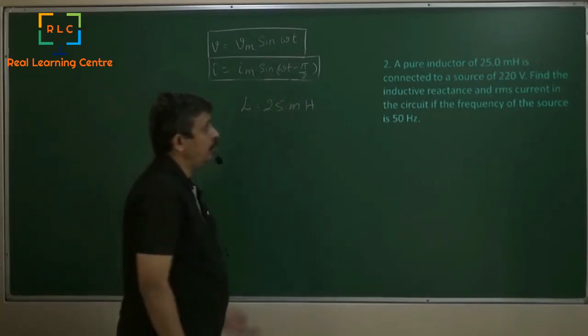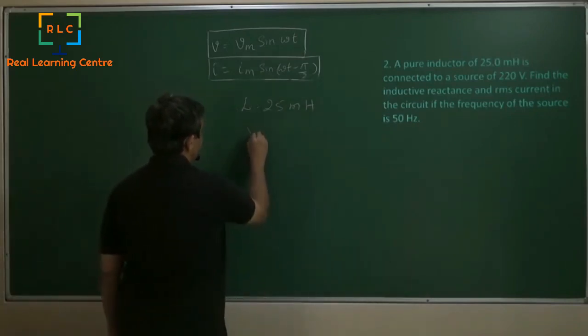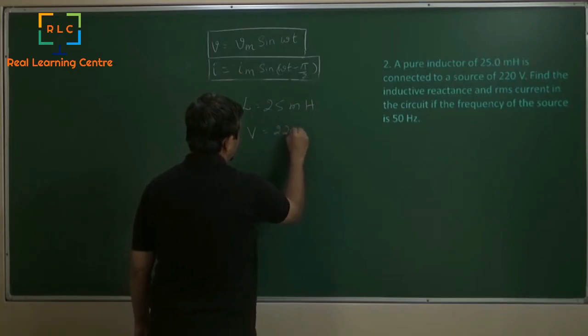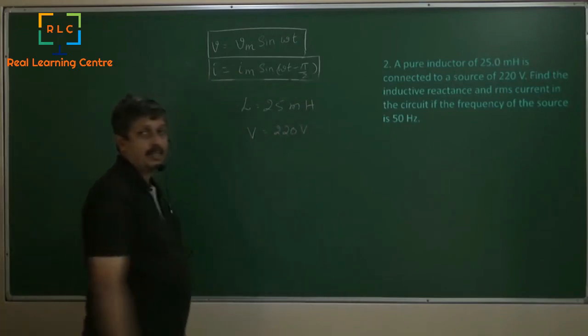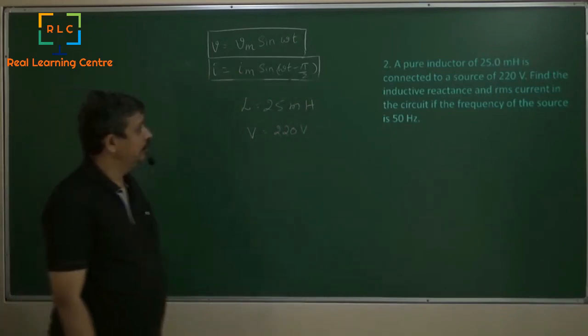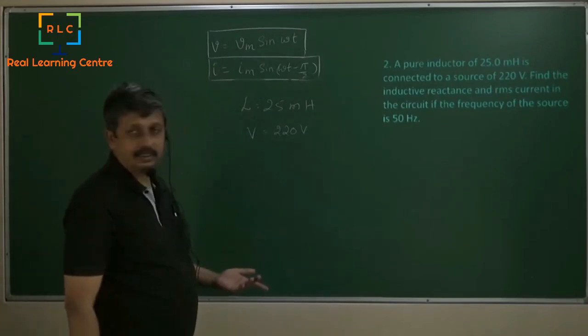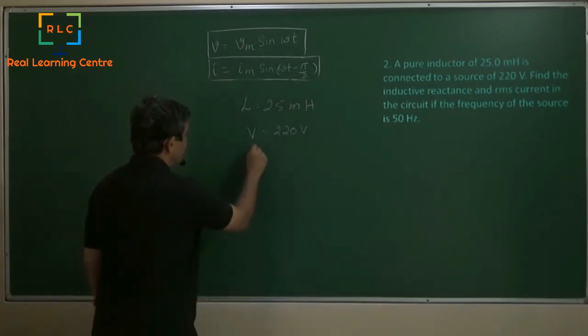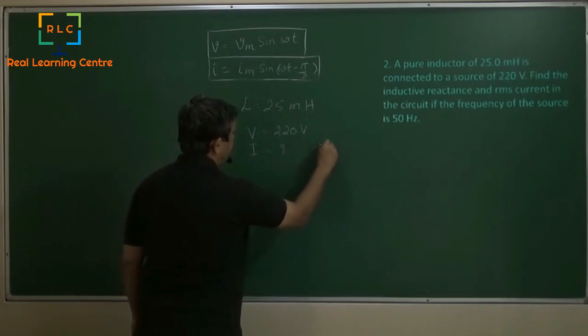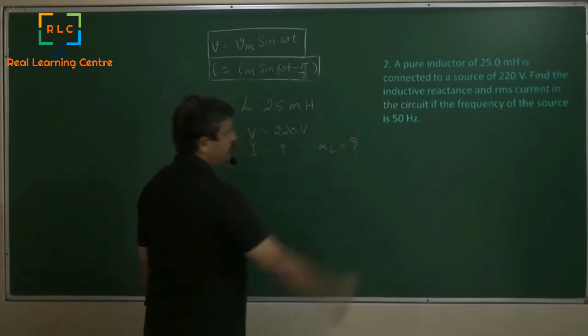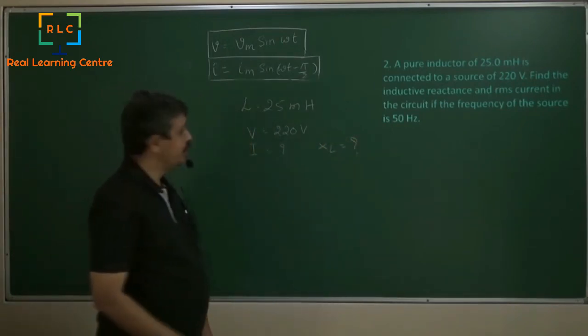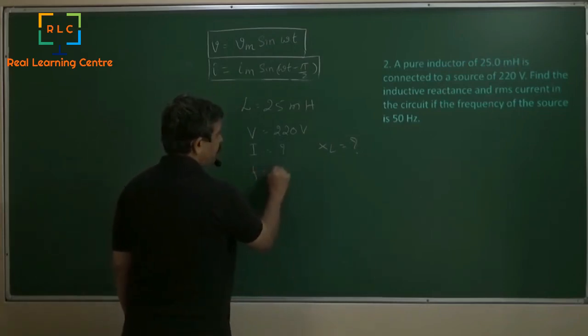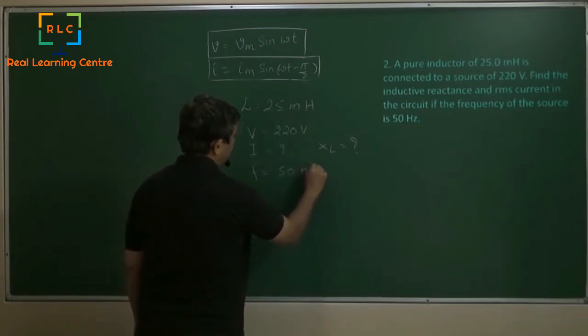So voltage we'll say is 220 volts. When I write like this, it actually means RMS. Find the inductive reactance and RMS current. So I is how much, the inductive reactance XL is how much. And they are giving us a frequency of 50 hertz.